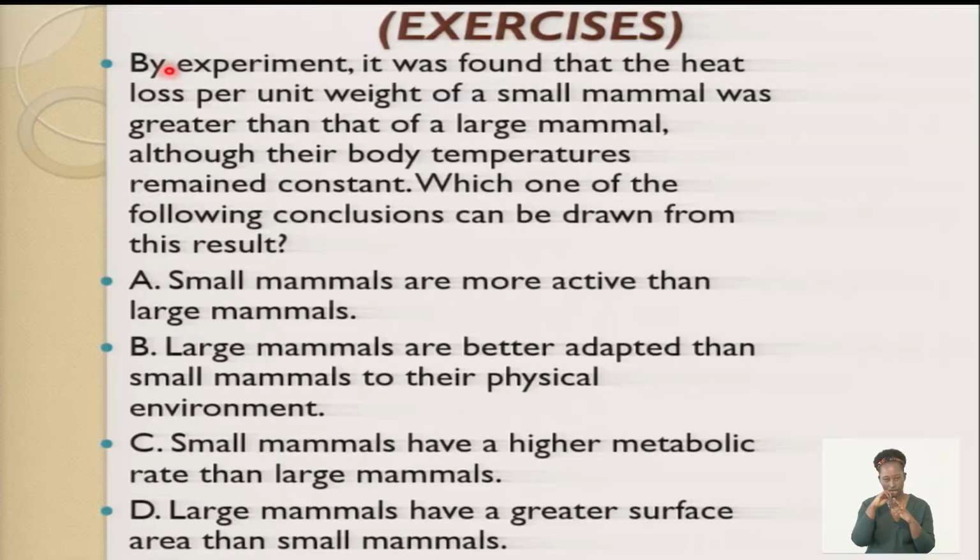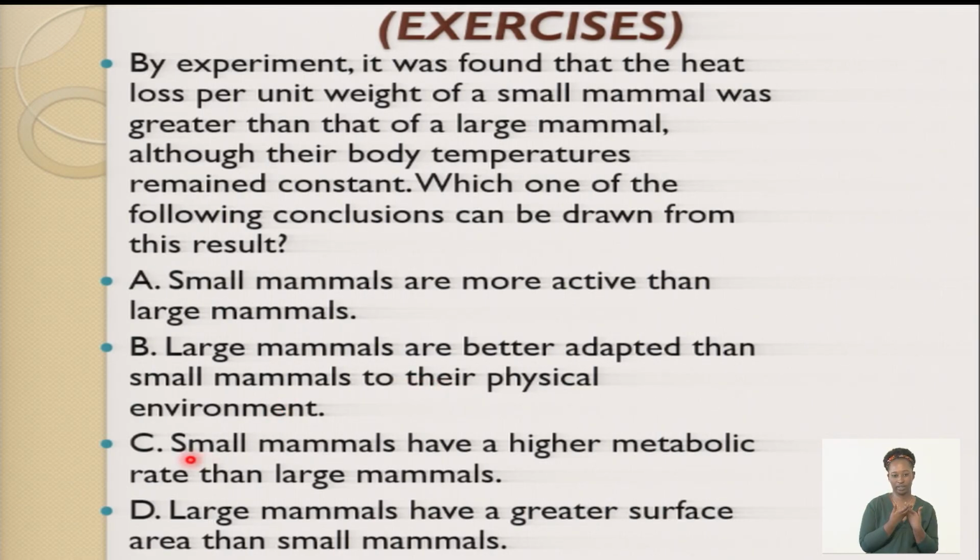Question number 1 says: by experiment, it was found that the heat loss per unit weight of a small mammal was greater than that of a large mammal, although their body temperatures remain constant. Which of the following conclusions can be drawn from this result? A, small mammals are more active than large mammals. B, large mammals are better adapted than small mammals to their physical environment.